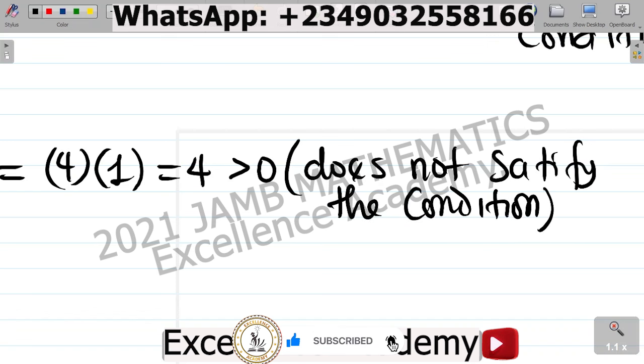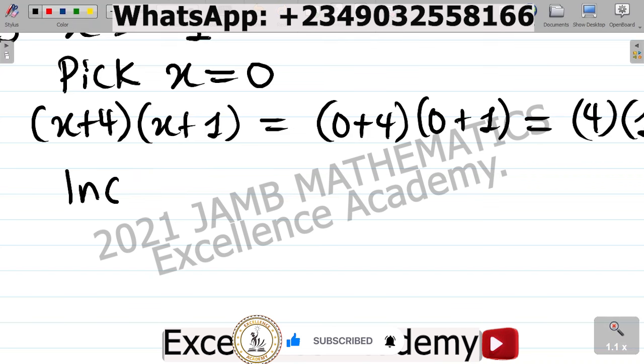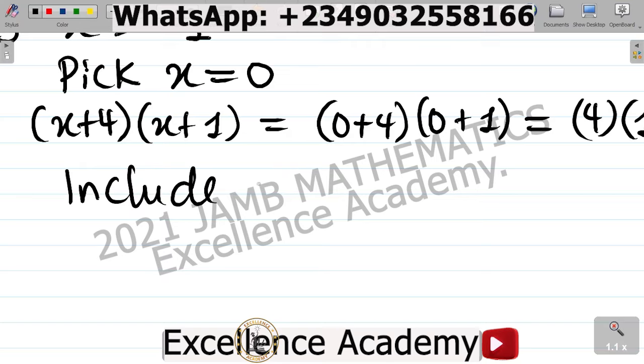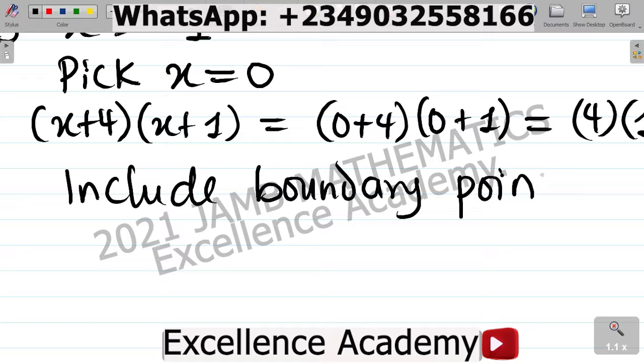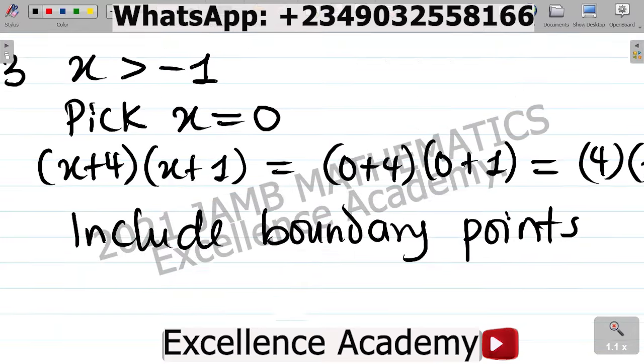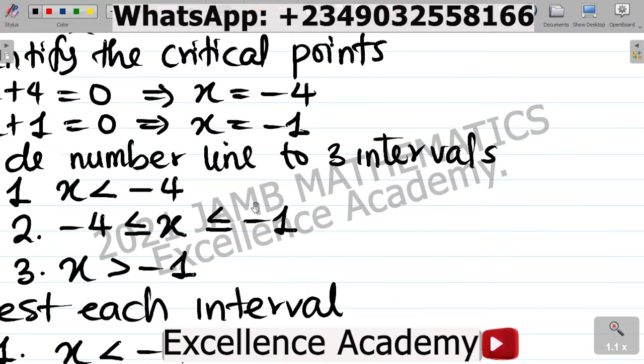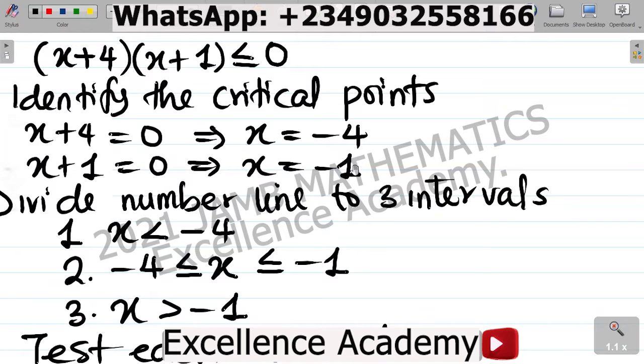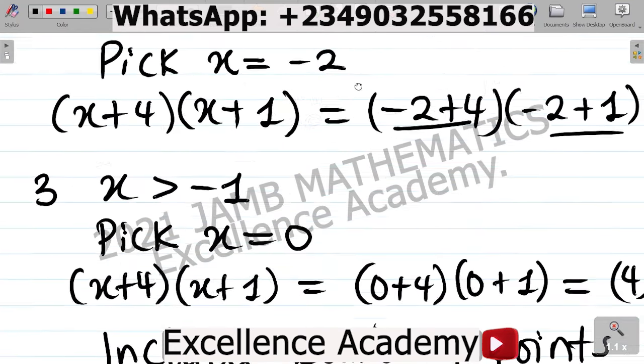So the next thing we'll do is include the boundary points. My boundary points here were minus 4 and minus 1. Look at this, minus 4 and minus 1. So let's include them.